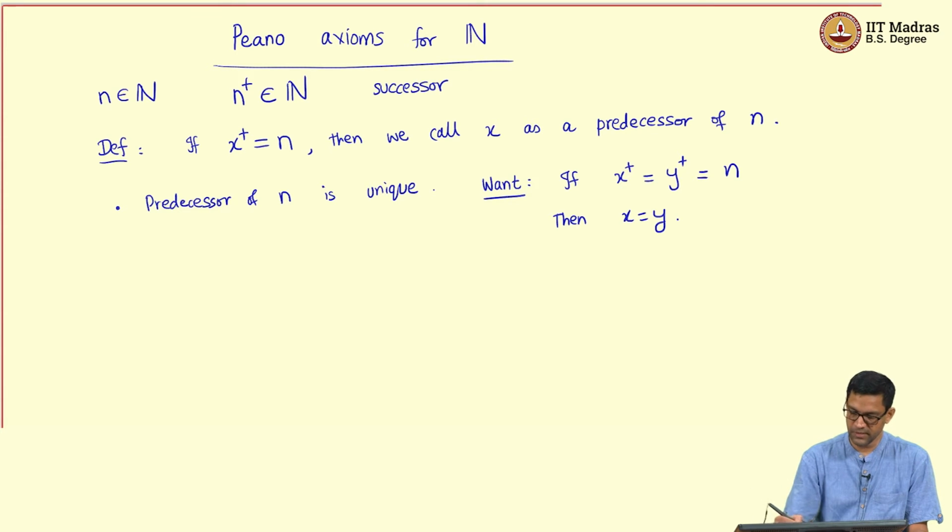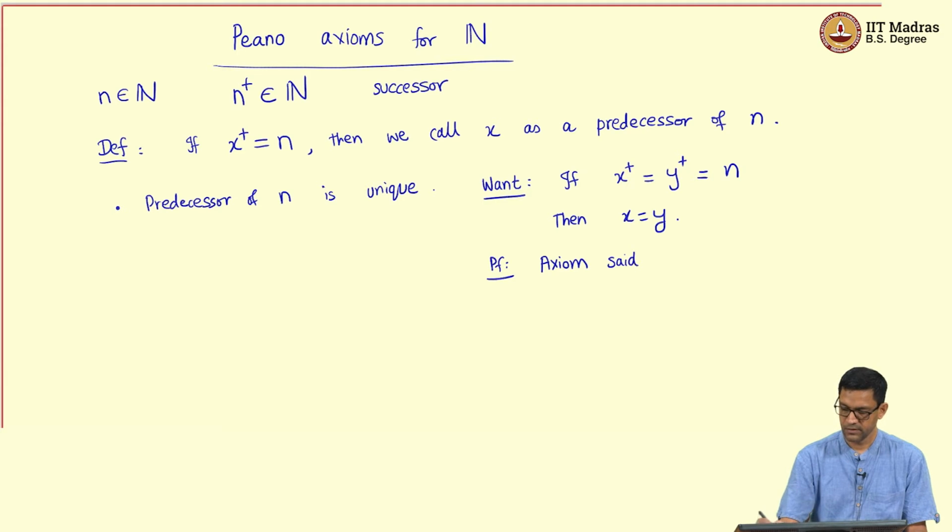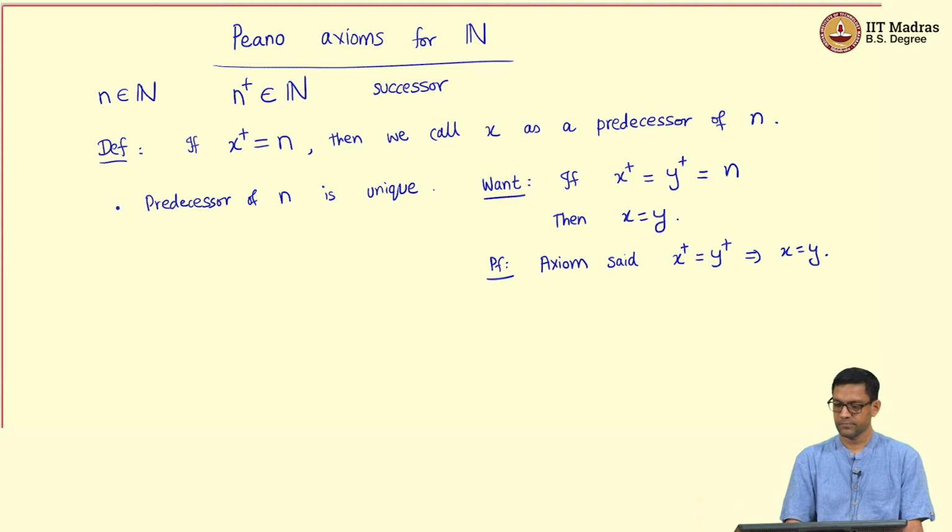This is just a direct axiom. The proof of this is just to recall that there was an axiom, one of the Peano axioms, which said exactly this: if x plus and y plus are both the same, then x must equal y.